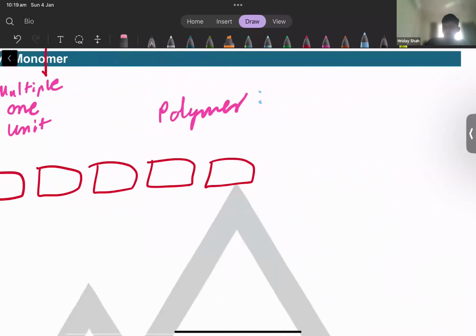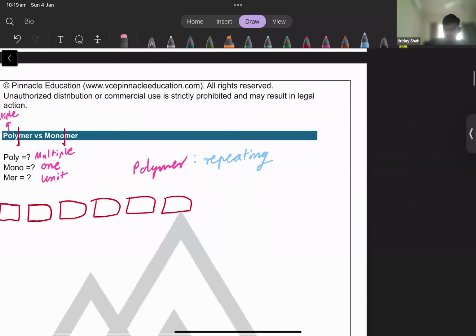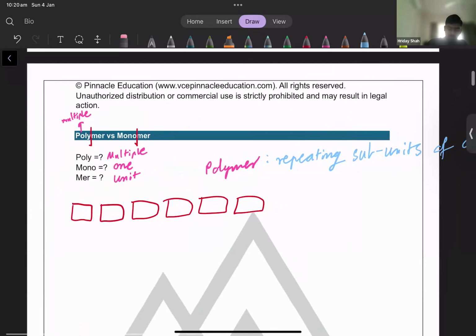So a polymer, what was it? Repeating subunits of a monomer. If you take one individual block, this is what we are calling a monomer.